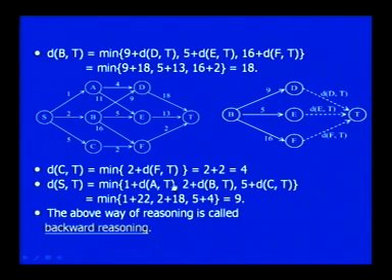Then let us try to see what is D of C comma T. Only one possibility is the distance between C to F and then F to T. So, it is going to be 2 plus 2 equal to 4.